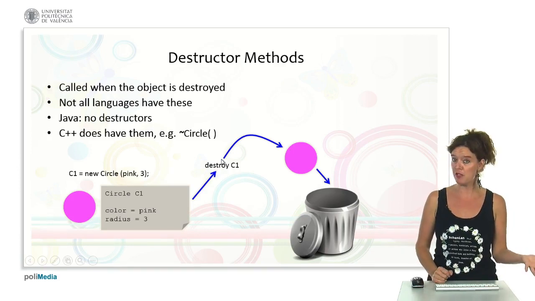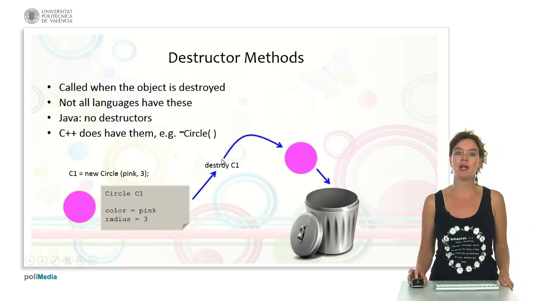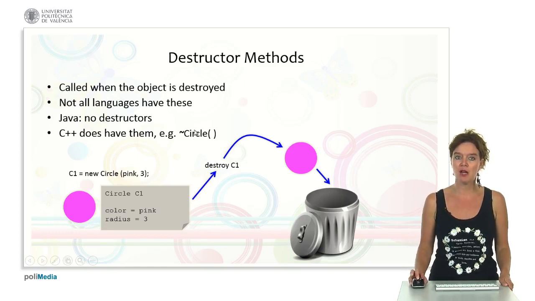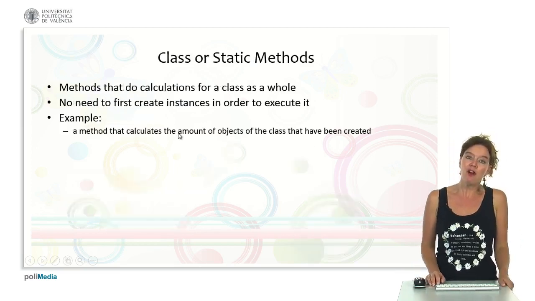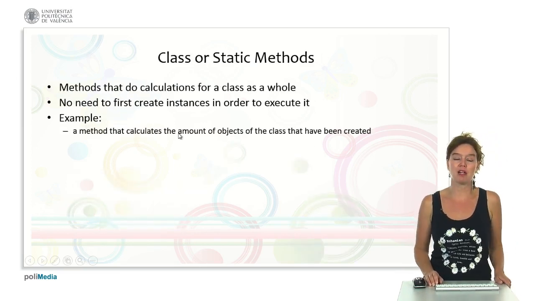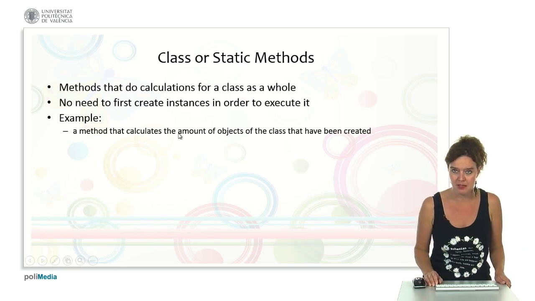But C++, for example, does have it, and the way it's indicated is by the name of the class, but with this tilde in front, such that you know that you don't want to create one, but you want to destruct one.